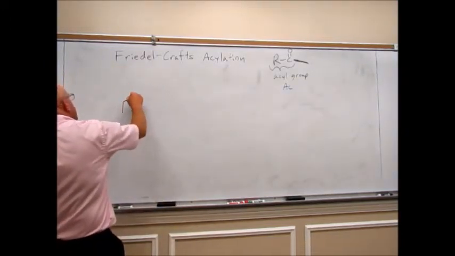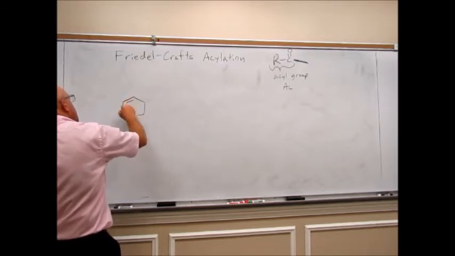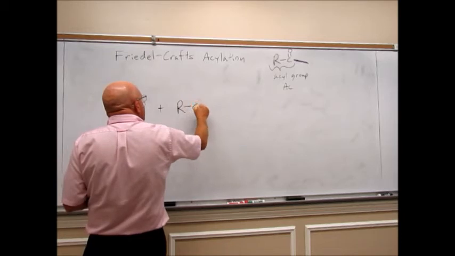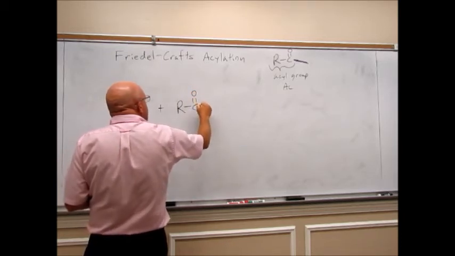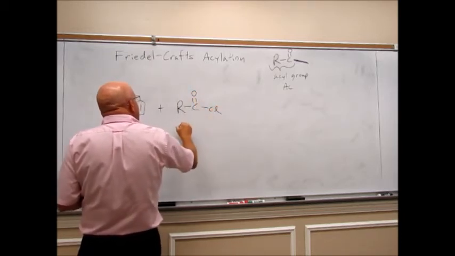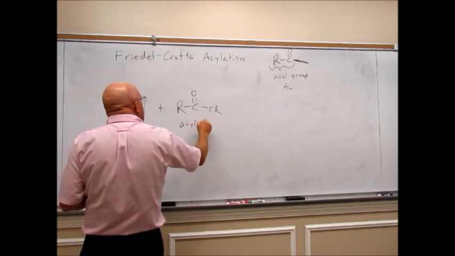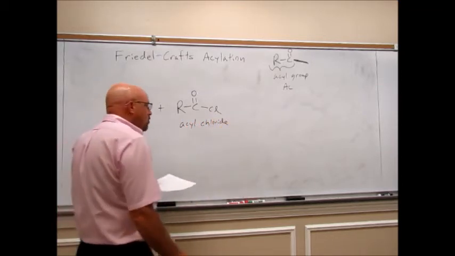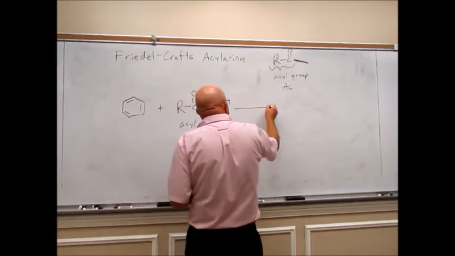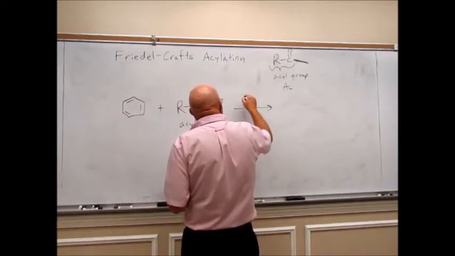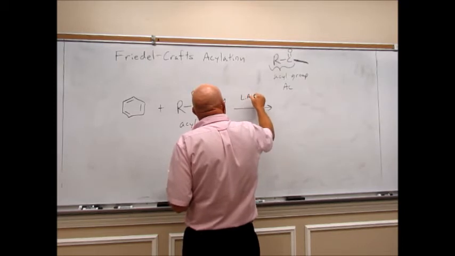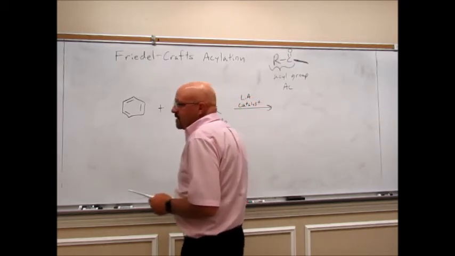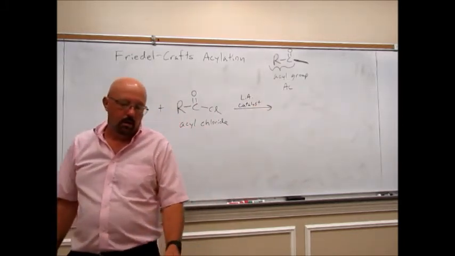To do that, we're going to take our aromatic ring and react with, I'm going to stay generic here, and then I'll do some specific examples, an acyl chloride. We're still going to need the Lewis acid catalyst, and any Lewis acid catalyst would work.